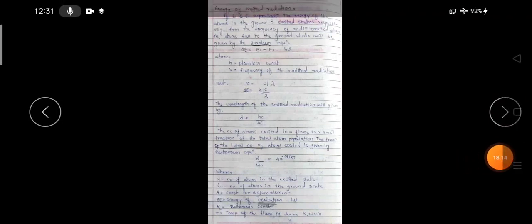For qualitative purposes we can see, and further methods are there that can be used for quantitative determination. You can determine qualitatively also by knowing the wavelength emitted by this particular element. From that you can say this element may be present because this wavelength corresponds to it.